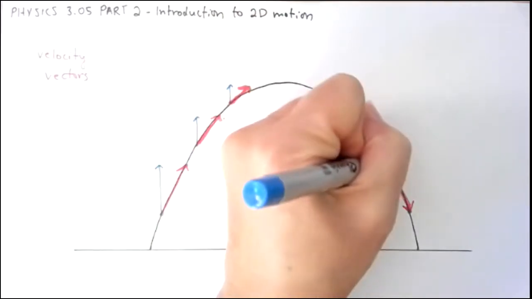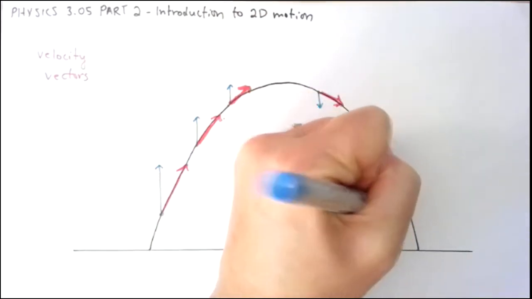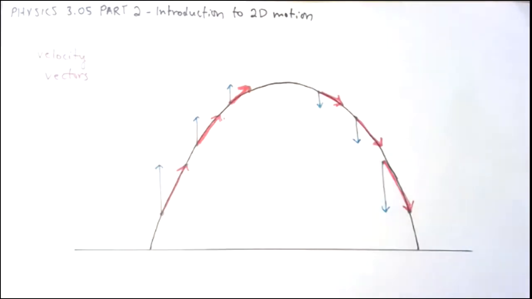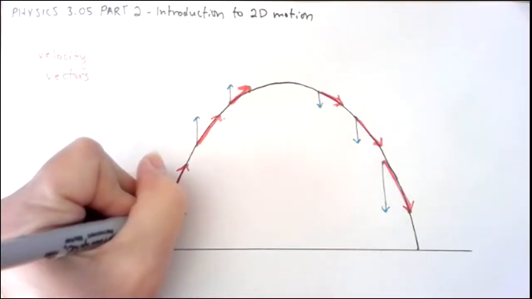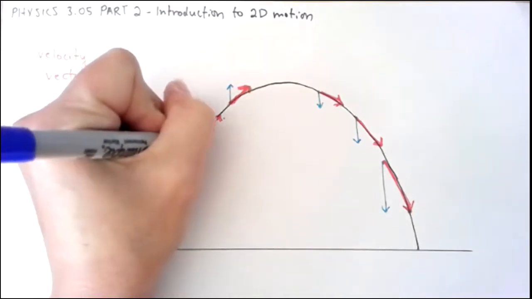So what I'm doing now is I'm resolving my vectors. If I was going to go head to tail, I would draw them over, but I want to be able to see the horizontal and the vertical very clearly. So I'm going to do this like this.